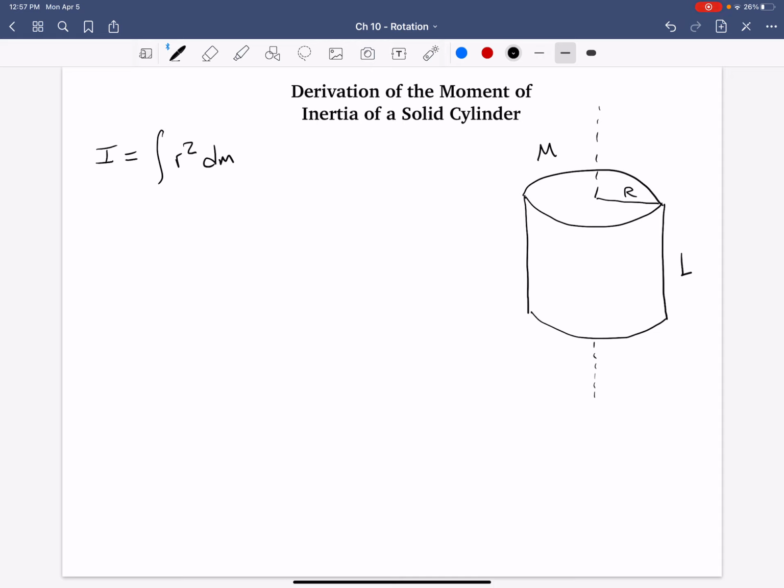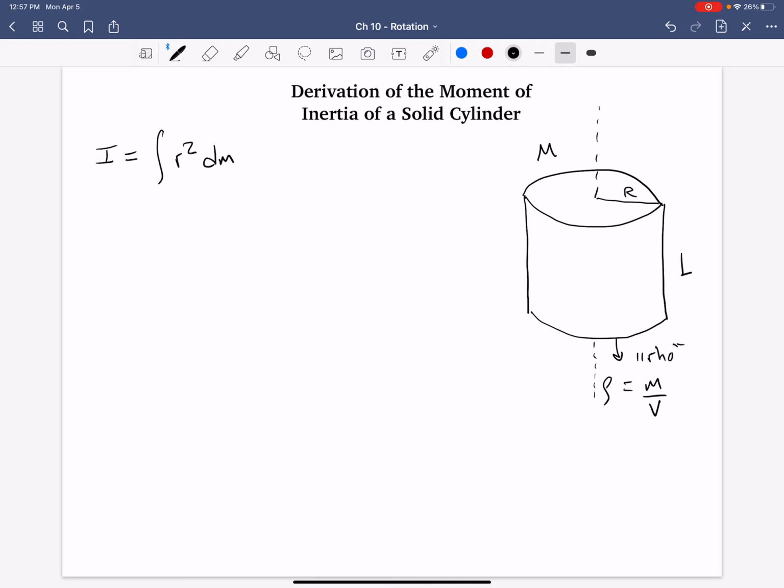I should point out that the mass density is uniform, and we call that Greek letter rho. That's the mass density, and that's equal to mass per volume.